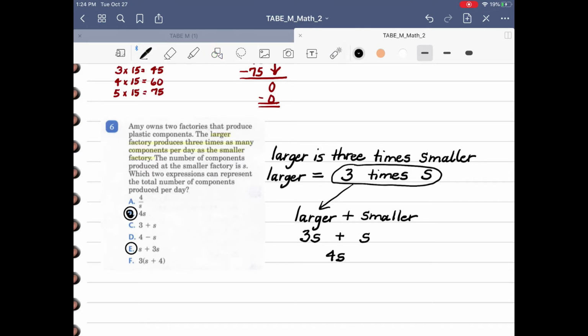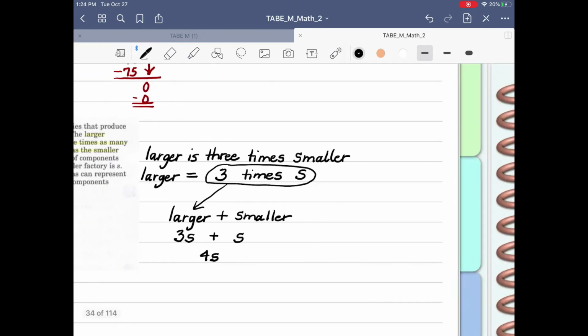So for number 6, the two answers that you want are B and E. Number 6, B and E. That's a tough little question. You really have to think through that one. And even then, thinking through it, it's still not an easy one. I like that one though.